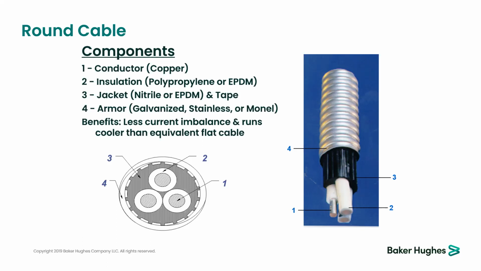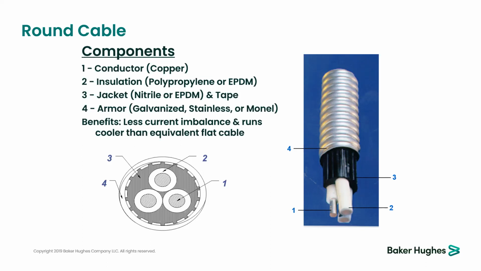Stainless steel is excellent for handling corrosion and chloride at low temperature. So if you have a temperature less than 160 F, you can use stainless steel. If you have H2S, or a higher salinity fluid and higher temperature, you have to go to monel cable. But for sure, monel is higher cost than stainless steel and galvanized.